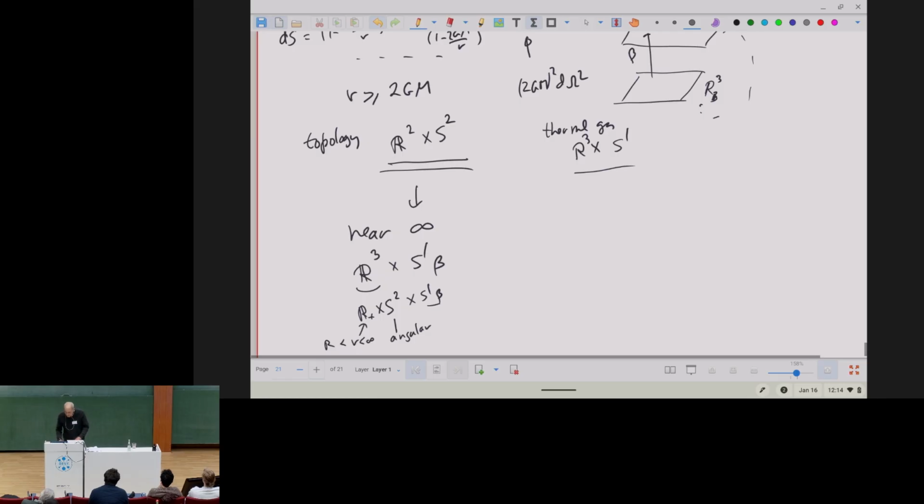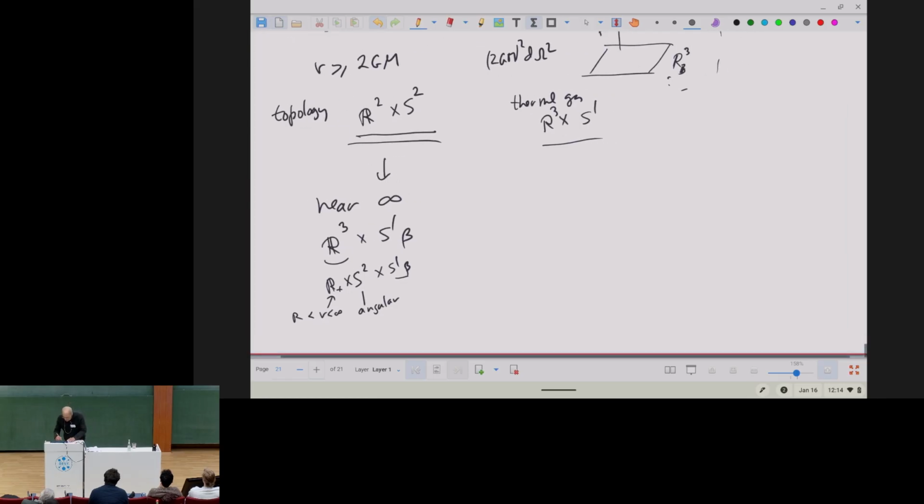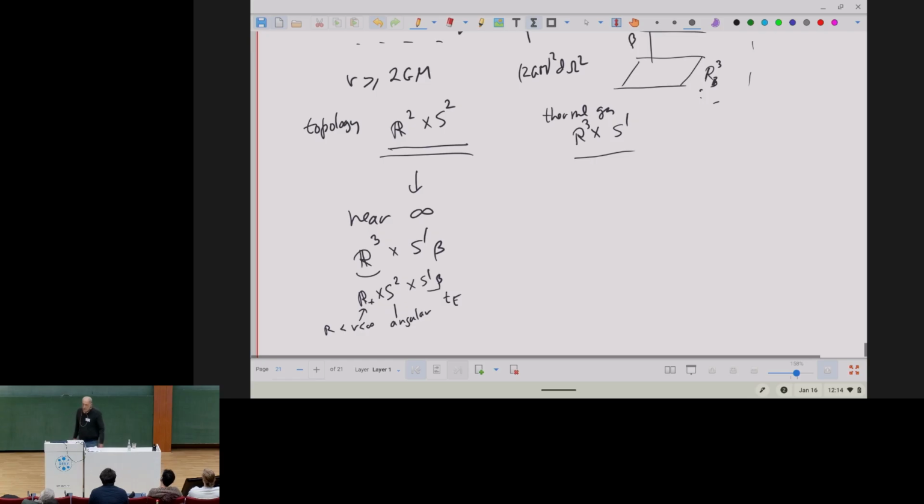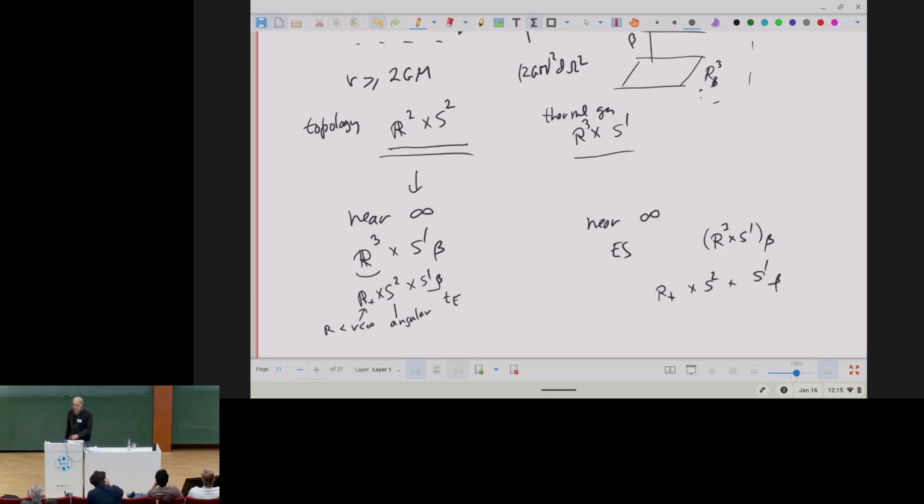And S1 beta is parameterized by T sub B. So near infinity, the Euclidean Schwarzschild and also the thermal analog both look like R plus times S2 times S1 beta. The question is, what happens when R becomes smaller?